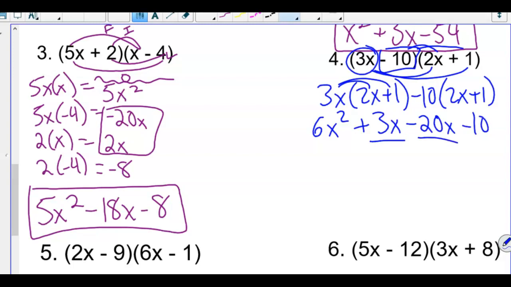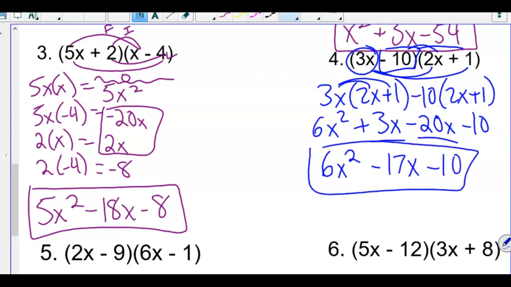I have like terms I can combine. So 6x squared minus 17x minus 10 would be my final answer. So now you have 3 different ways you can go about solving these, either using your FOIL, using the distributing method, or using your algebra tiles. Take those and go and practice some more.